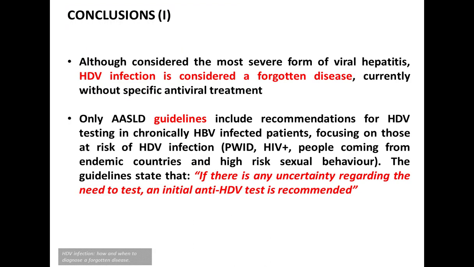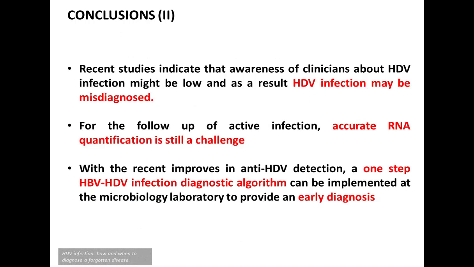So to conclude, we can say that although considered the most severe form of viral hepatitis, hepatitis delta virus infection is considered a forgotten disease and currently without a specific antiviral treatment.